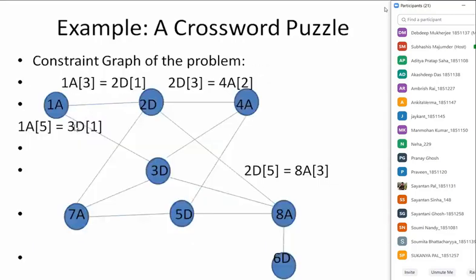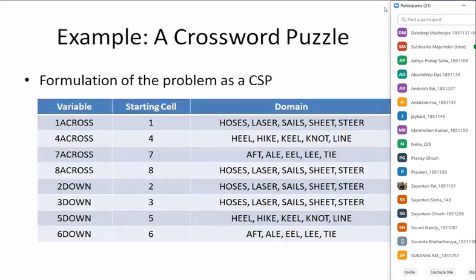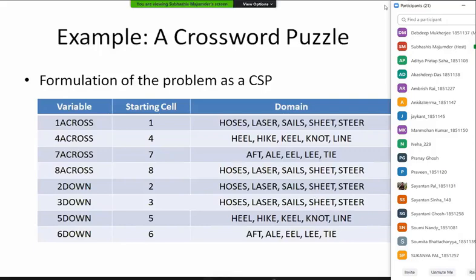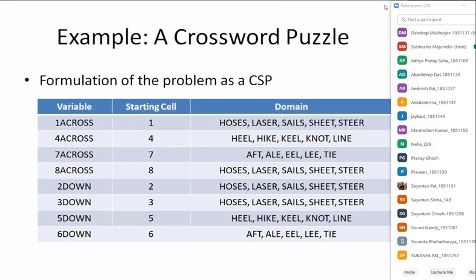A5 is equal to 3D1. A5 is S, because in horses the fifth letter is S. Then for 3 down also I have to choose a word which starts with S. In this way, I keep on going down and checking. And whenever I get stuck, I don't have any choice of words for a particular variable, I have to backtrack and try out some other words. This is the whole idea.